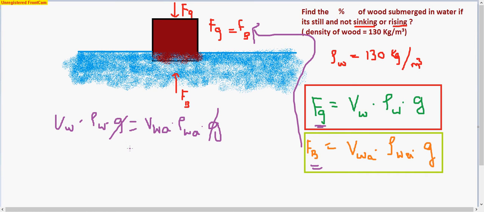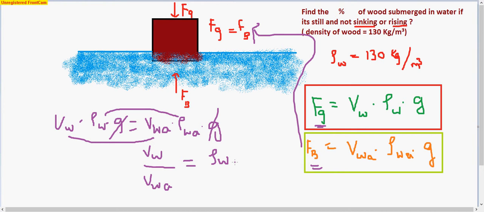Now we can take these two to the side: Vw by Vwa is equal to rho Wa by rho W, right?